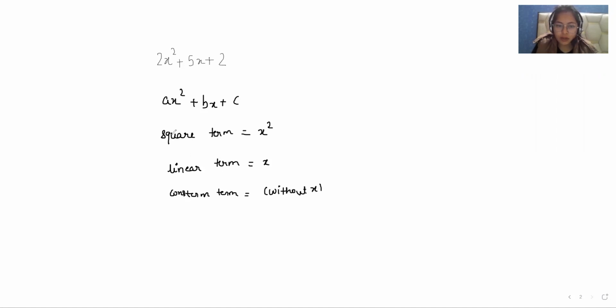So what is the square term here? This. And what is a linear term? Bx. And what is a constant term? That is c. So any expression of the form ax square plus bx plus c is known as quadratic equation. So this is the quadratic expression form.